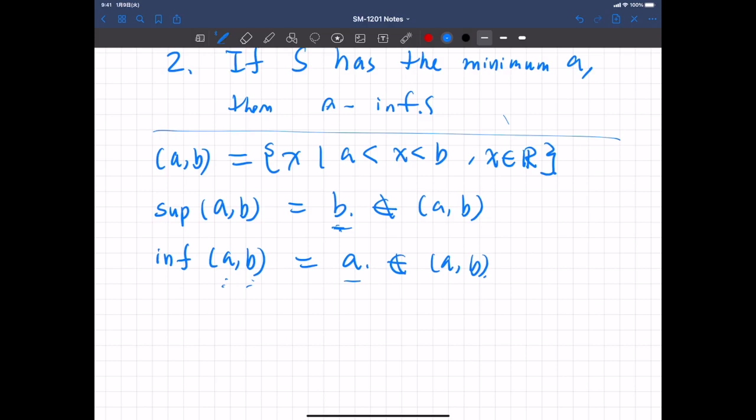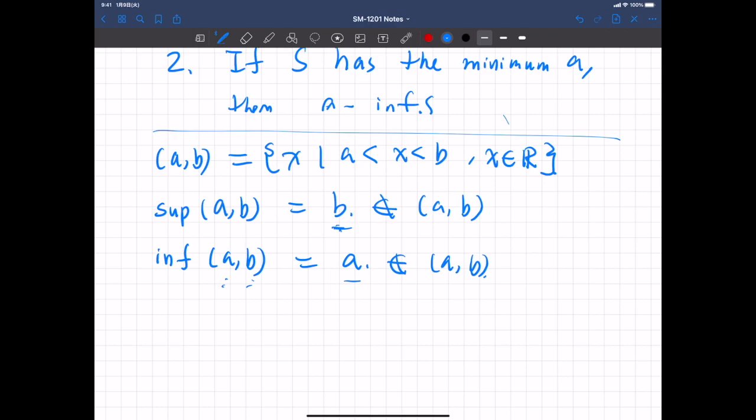That's because we can define supremum and infimum even if there is no maximum or minimum in a subset of real numbers.